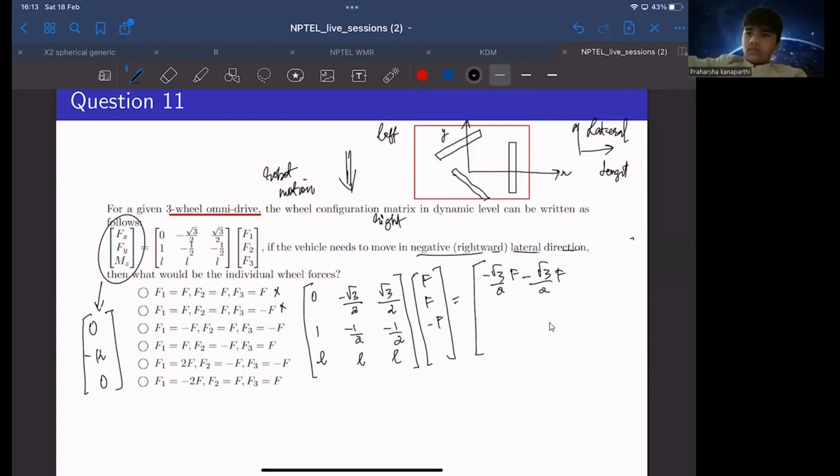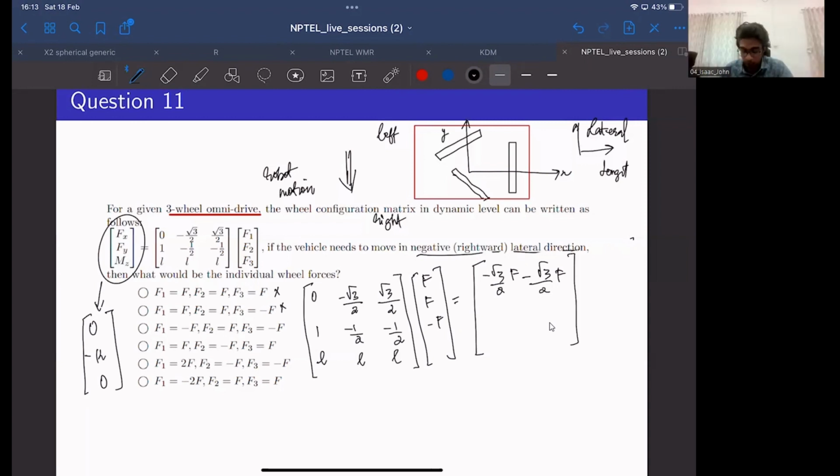No, sir. Okay. So again, if you consider the second option, you will have a negative quantity along the first component. So that is not the case we are looking for. We would want a 0 at the first and the third component. So here we already have a non-zero component for the first entry.